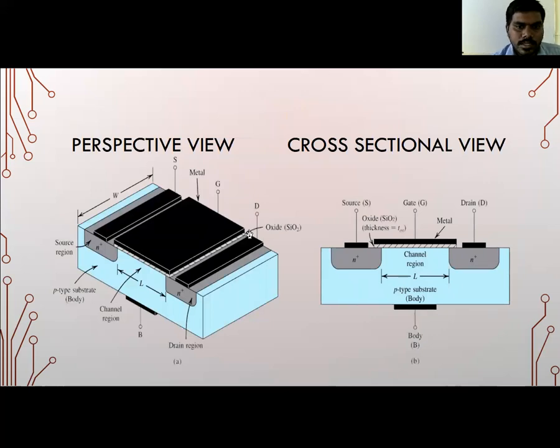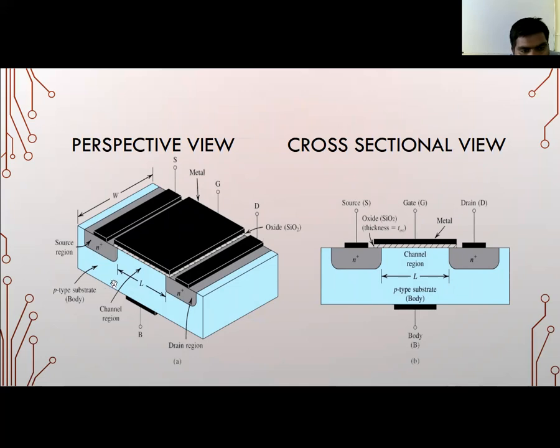This is the perspective view. Here you can see the silicon oxide layer, SiO2 layer, and there will be a source region and a drain region. The source region makes the electrons start to flow from there, and they come into the drain region.